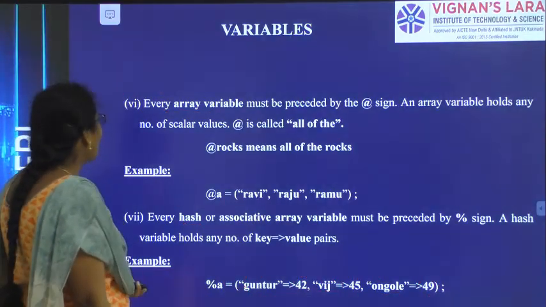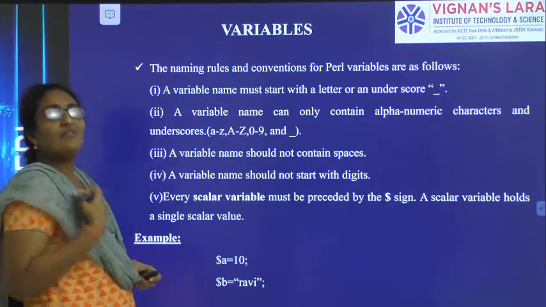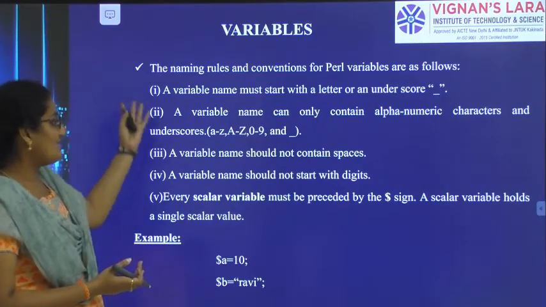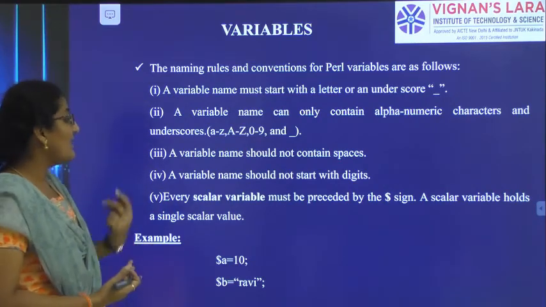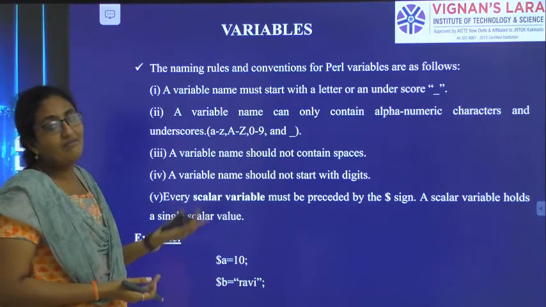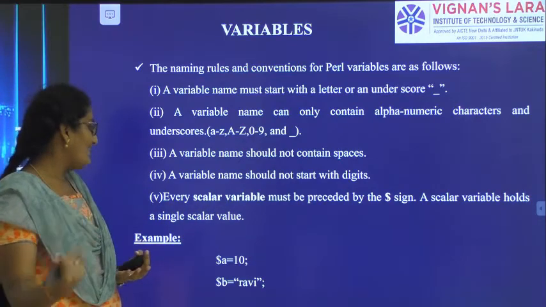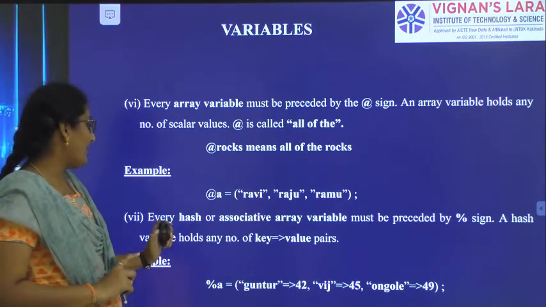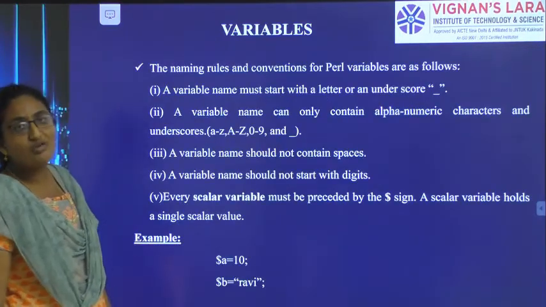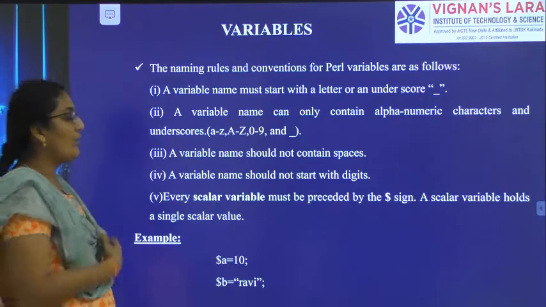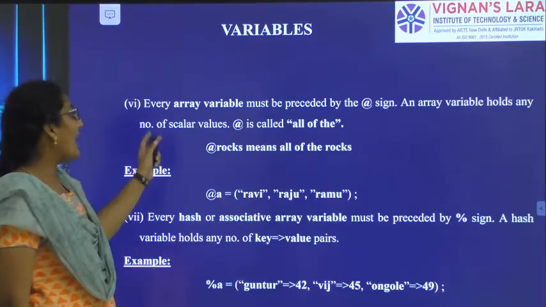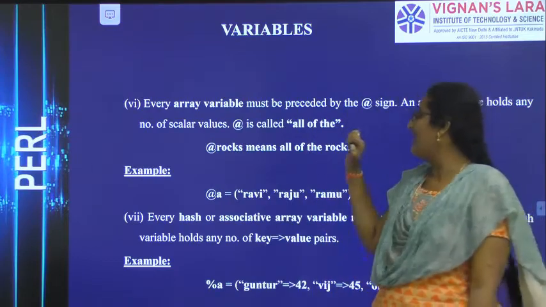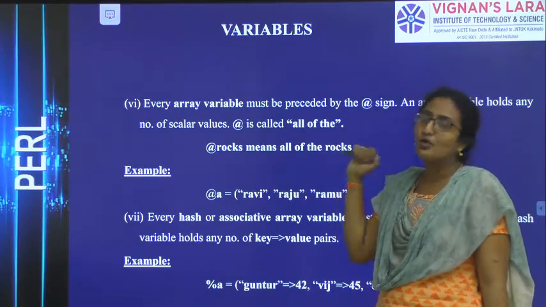So we are discussing the variables concept in the Perl programming language. We have some rules to create variables. Generally in Perl programming, variables are divided into 3 types: scalar variable, array variable, hash variable. Scalar variable is denoted with the $ symbol and can hold only one single value. Array variable is denoted with the @ symbol and can have a similar kind of group of elements.